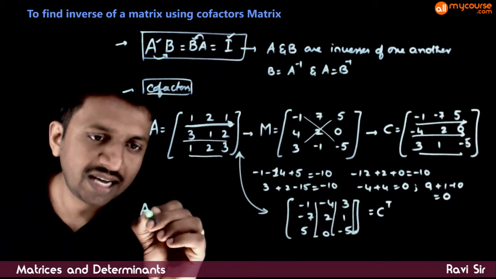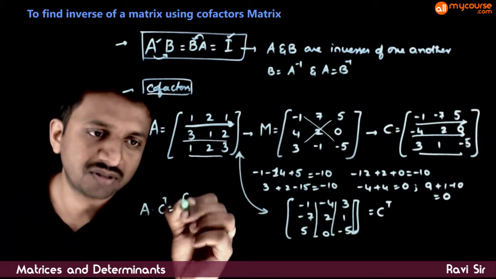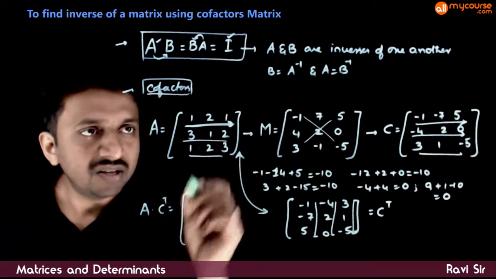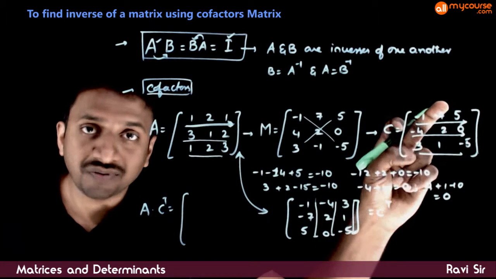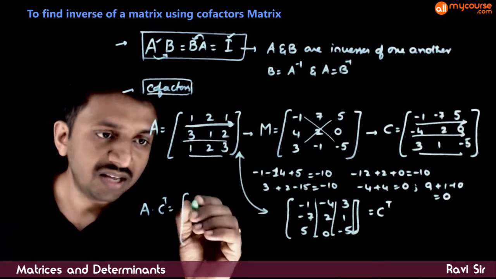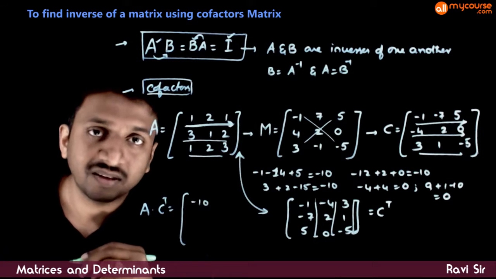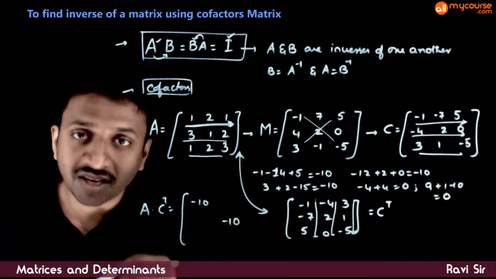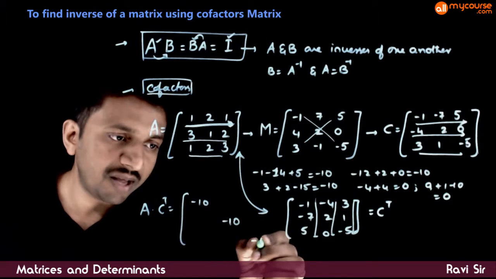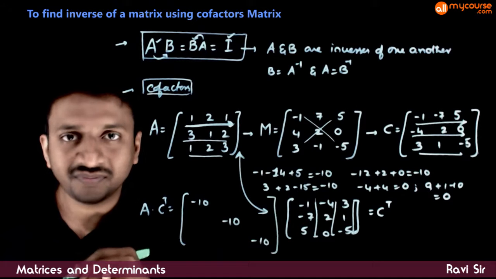What is A times C transpose? If you multiply the first row with the first column, this is nothing but the first row of A into the first row of C, which gives you minus 10. Second row into second column gives you minus 10 again. Third row into third column again gives you minus 10.